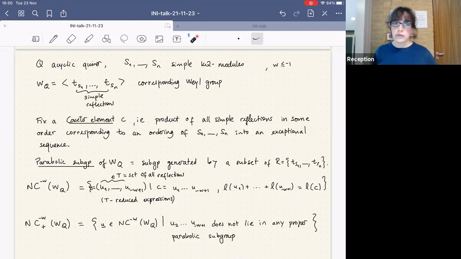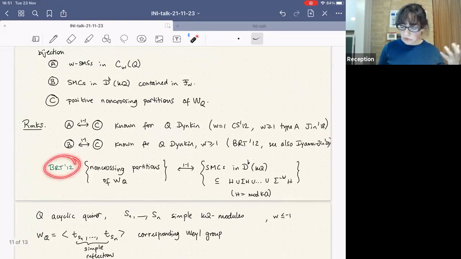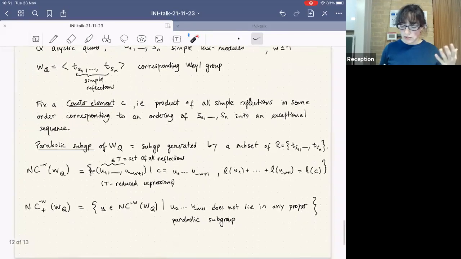This is a product of all of these simple reflections in a special order, and this order corresponds to the ordering of the simples into an exceptional sequence. Take the reflections, and this is the Coxeter element. In Buan, Thomas and Wright, the notion of positive is a bit different from this. For me, it's going to be related to parabolic subgroups, which is just a subgroup generated by a subset of the simple reflections.